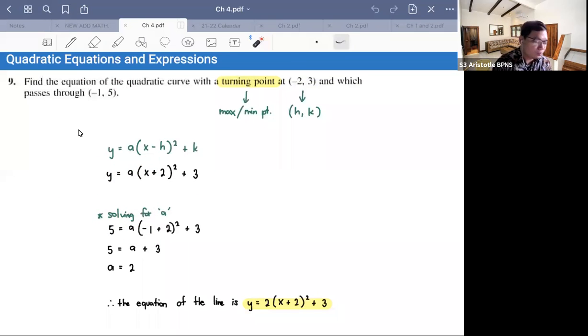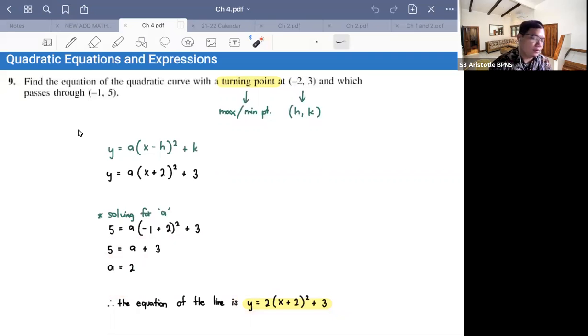After you have solved, a is equal to 2. So basically, class, the equation is y = 2(x + 2)² + 3. This can be your answer, or you can still simplify this and remove the brackets. Either way, it's just the same.